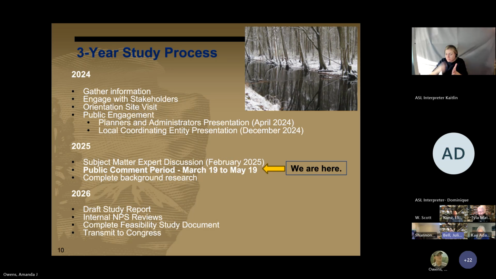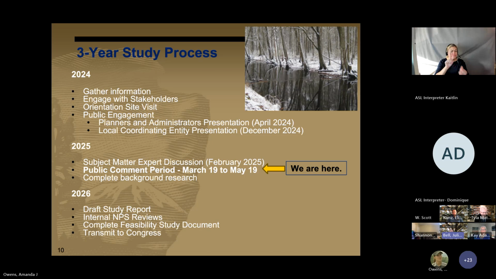We met with many state and local partners, and of course with the folks at the Great Dismal Swamp Refuge at that time. We also did some more targeted public engagement by reaching out to planners and administrators in the local governments there to get ideas from them about what they think of the resources and stories that might be told here.